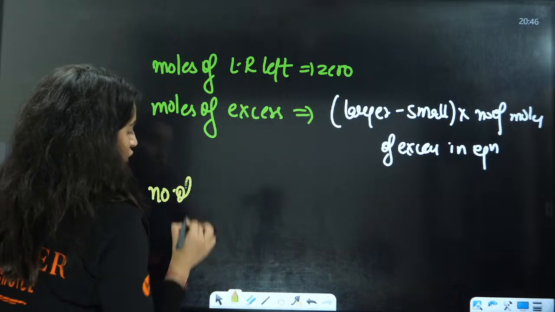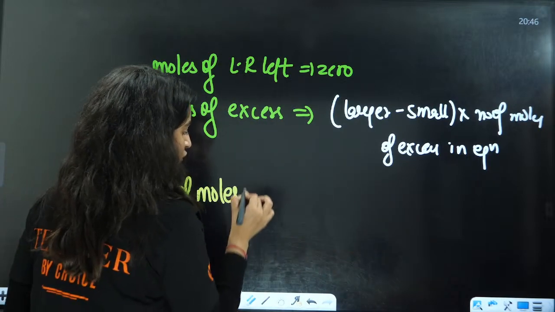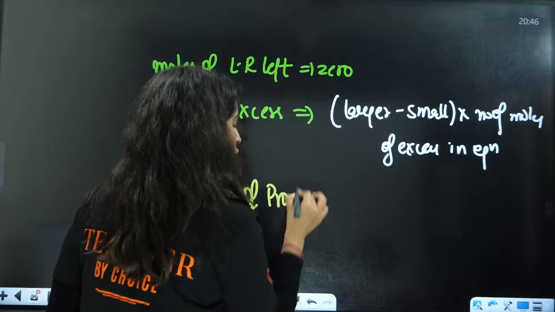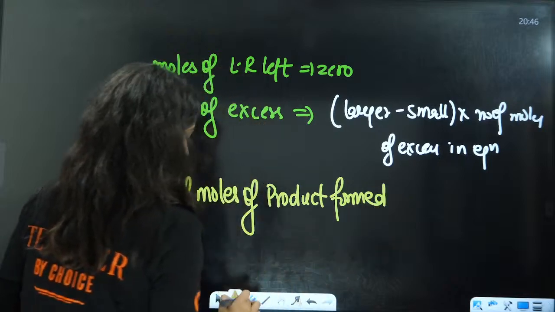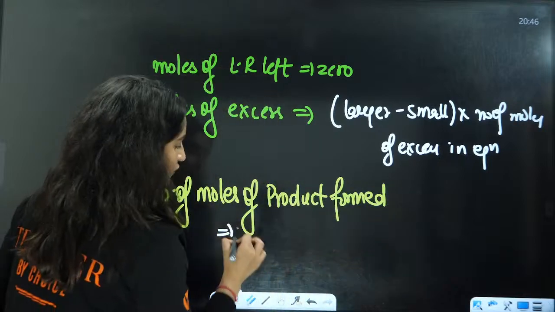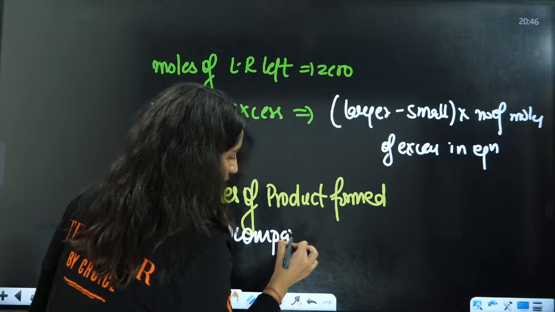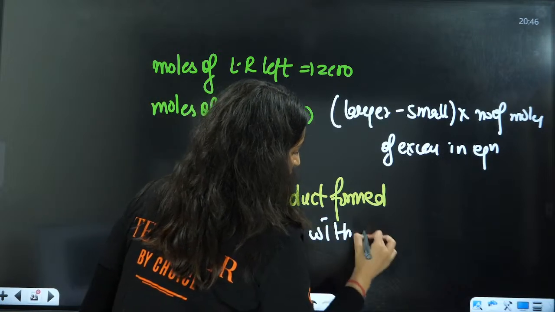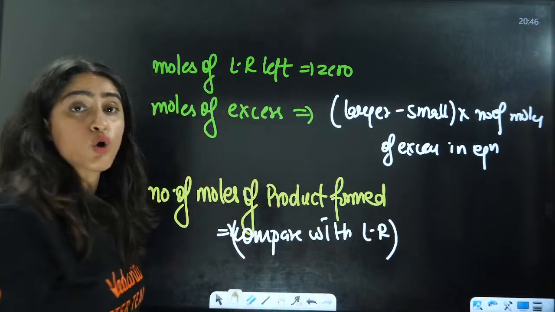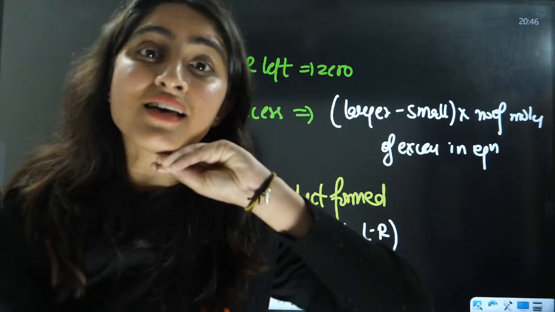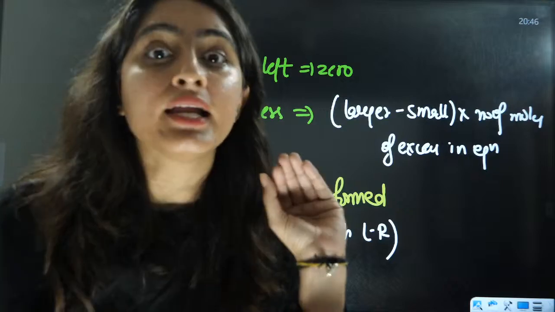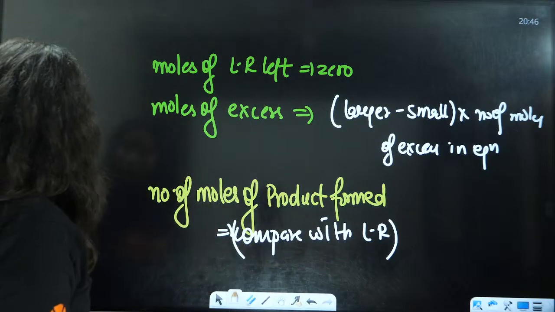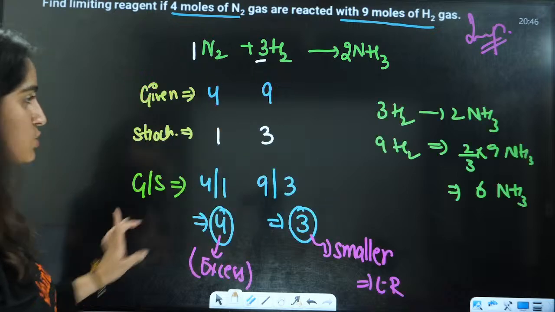The number of moles of product formed is always compared with the limiting reagent, not with the excess reagent, because the excess reagent is left behind. The limiting reagent is completely consumed here, so you will always relate the product with it.